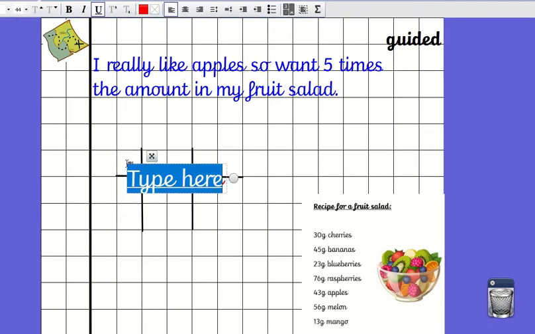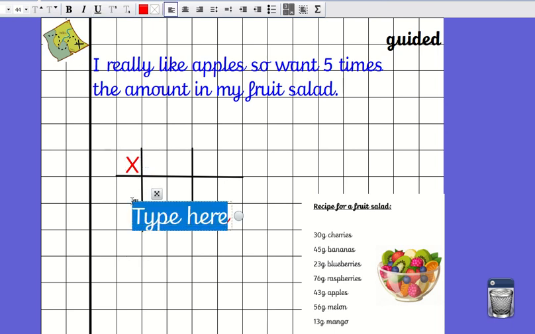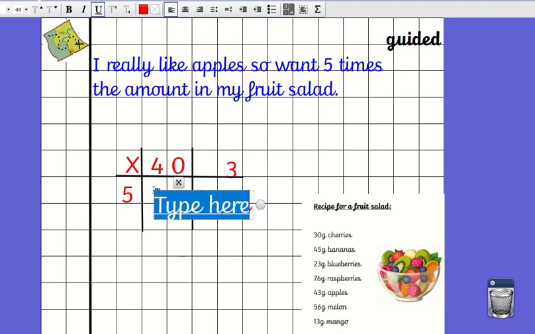Okay, your times in the corner, 5 here, and we want apples, so it's 43, so it's 40 in this one, 3 here. 5 times 4, because I'm pretending the 0 isn't there, is 20. But to make 20 10 times bigger, 20 times 10 is 200. 5 times 3 is 15.